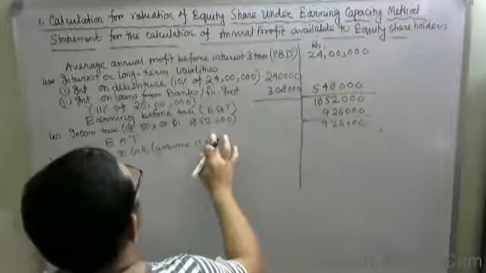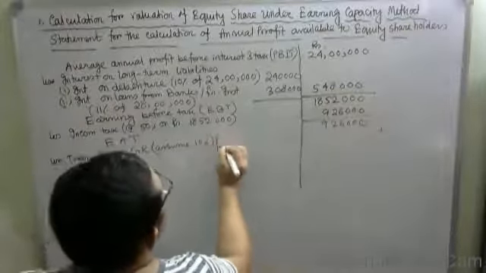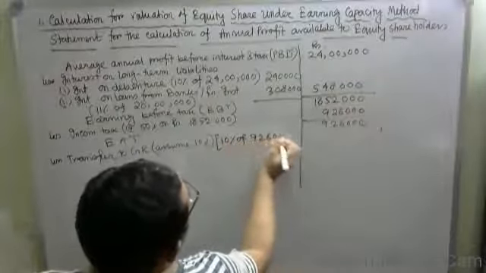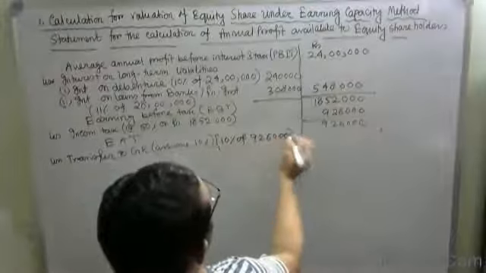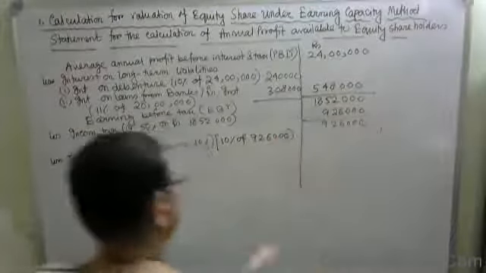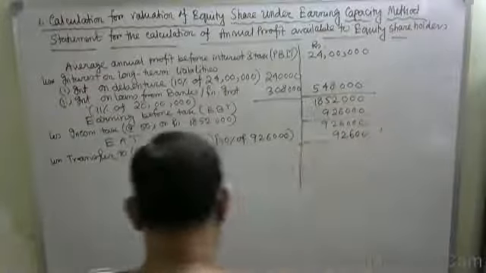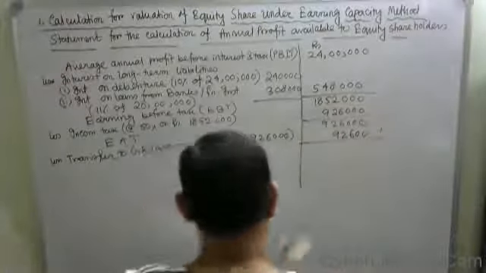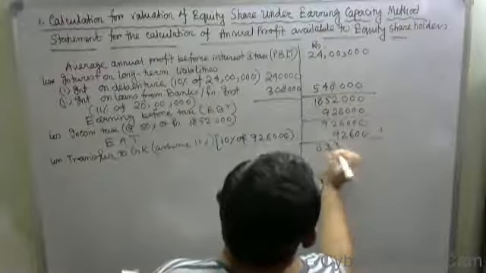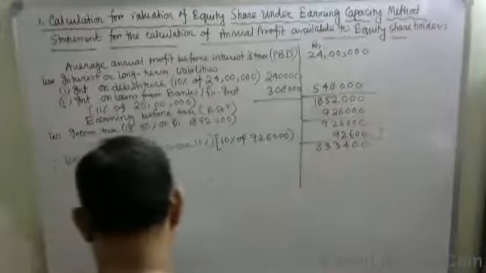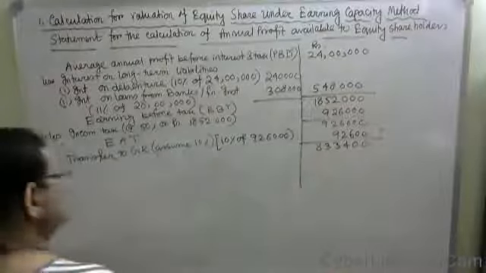Assume 10%, so it is 10% of 9,26,000. That means 92,600. Balance is 8,33,400.